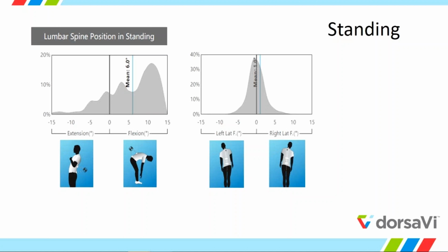For me, when I did my own monitoring session, not only do I have a longer left leg, which puts me into a little bit of left side bending, but I also have a really bad right knee, so I tend to unload that knee. And as aware as I am, and I try not to do that, my gray shadowed area was between 5 and 10 degrees of left lateral flexion for the monitoring session that I did for a full day.